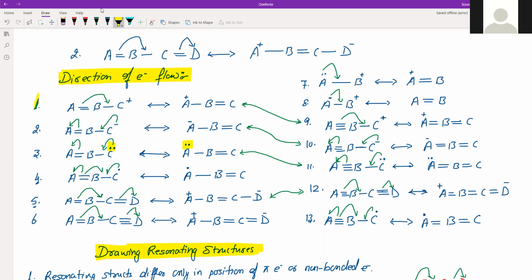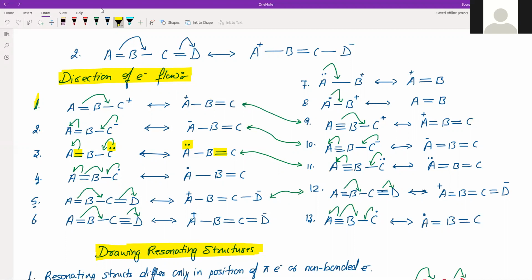Only 2 pi bonded electrons, that is this double bond. Same way here also there are only 2 pi bond electrons. But here the position has changed from between A and B to between B and C. That is the only difference.